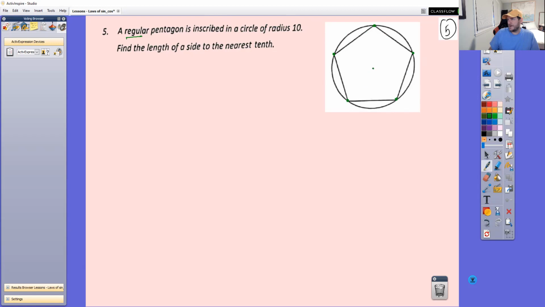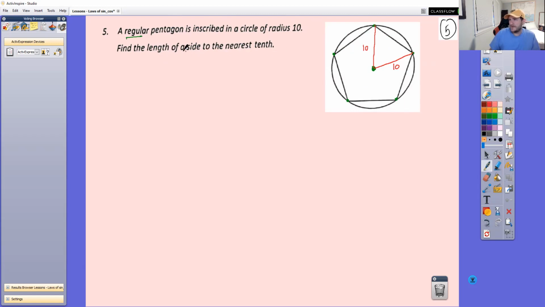That means our circle must have a center somewhere, probably right about here. And if you were to draw a radius of the circle, you draw that radius to one of the vertices, probably, and that distance is 10. You could draw another radius to another vertex. That's 10. They're asking you to find the length of a side. These things are not being super specific.